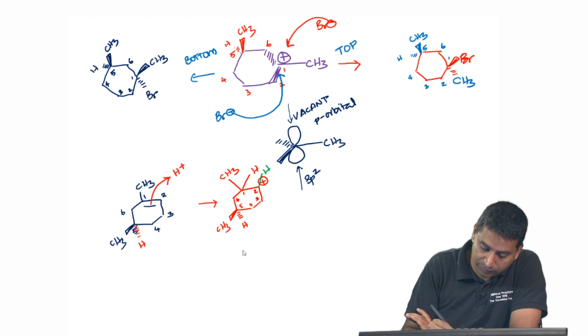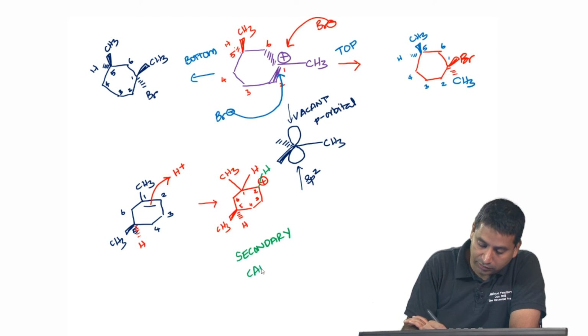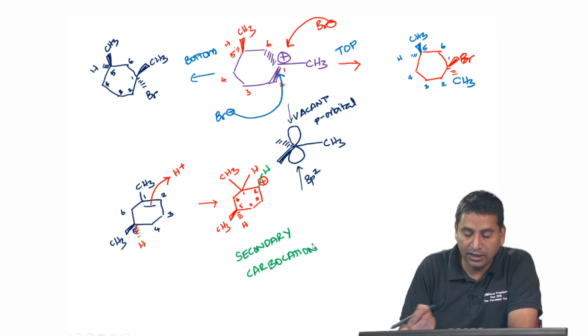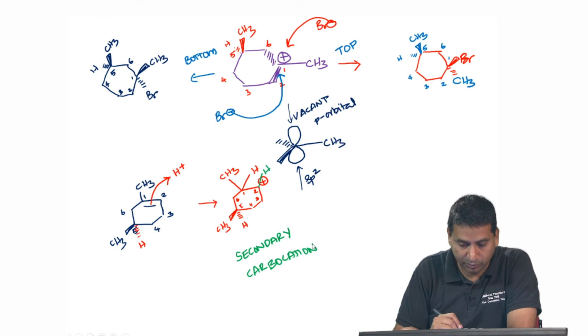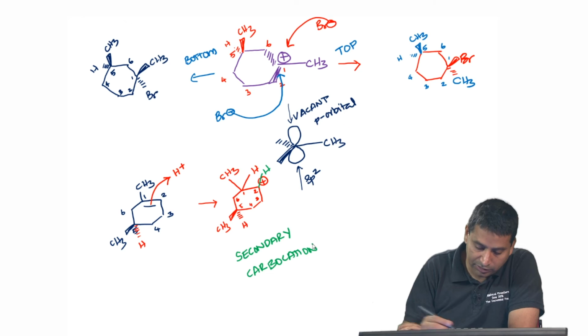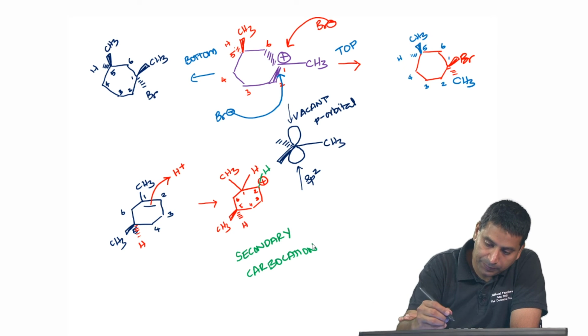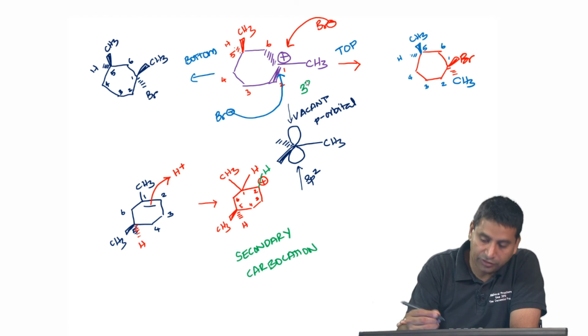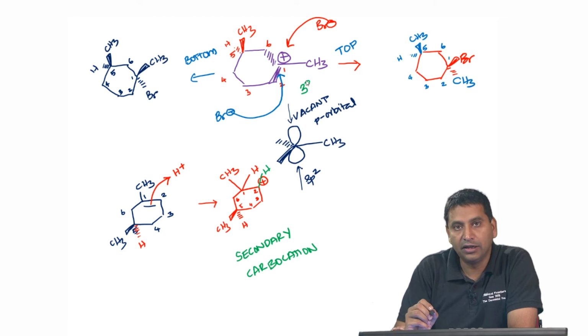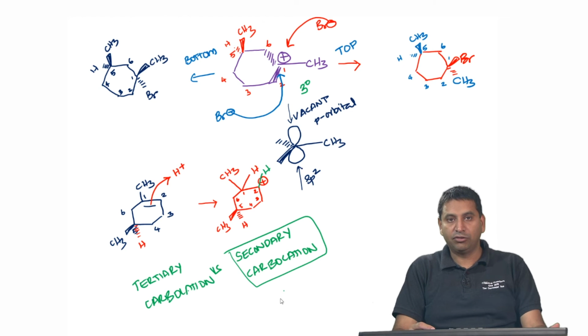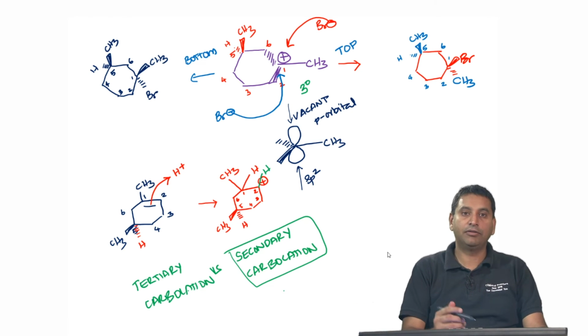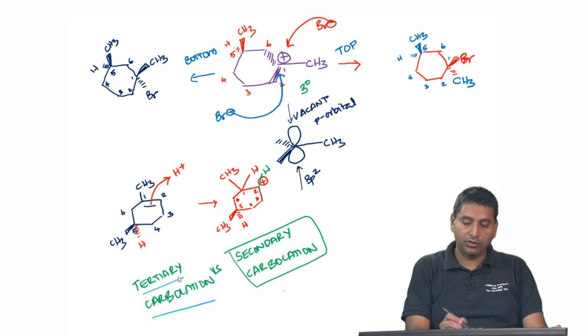So, this would be a secondary carbocation, and in the previous example, the top carbocation, we actually get a tertiary carbocation, right. So, as we would expect, this is a secondary carbocation, whereas here we have a tertiary carbocation.